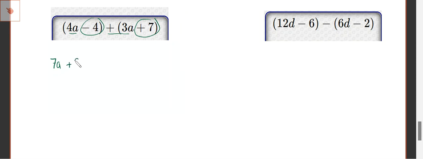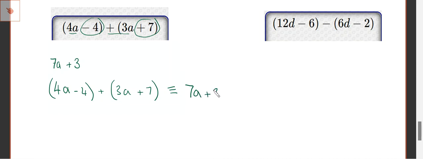There's 7a plus 3, yeah? That's what we think? Does everyone agree? So let's just do our check then. So we think 4a subtract 4 plus 3a's plus 7 should be exactly the same as 7a plus 3.